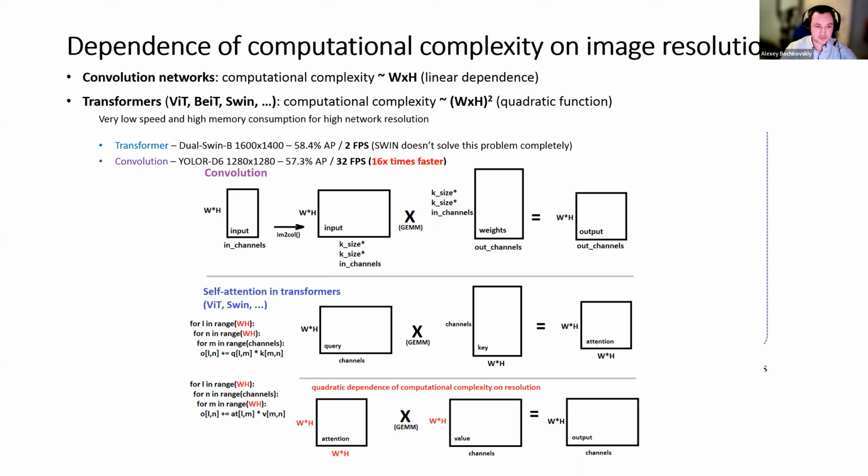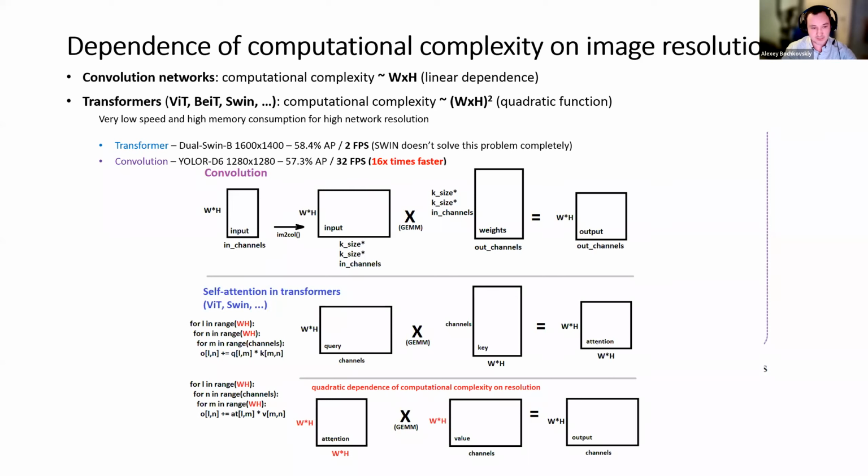And the bottom part of this scheme is for self-attention in transformers like ViT and SWIN. In this case, we see that query and K both depend on resolution. And in total, we have quadratic dependence of computational complexity on resolution.